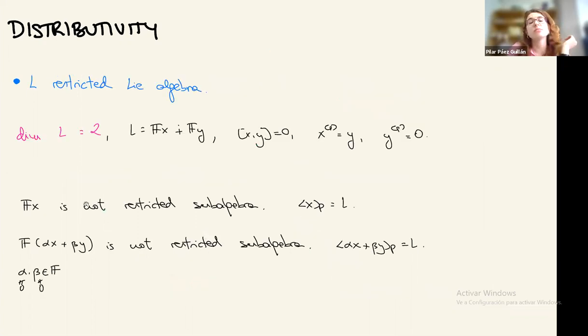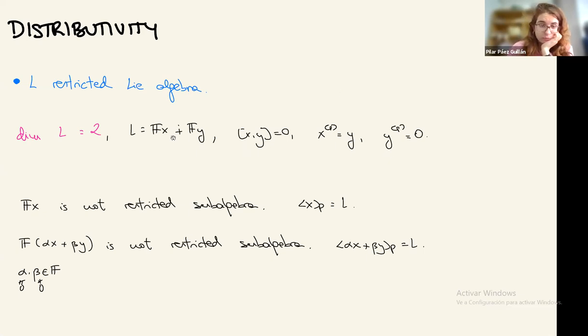Again, I pick a restricted Lie algebra of dimension 2, basis x and y. I'm going to have it abelian, and I'm going to consider that x to the p is y and y to the p is 0. This can be checked easily to be indeed a restricted Lie algebra. I mean, the p-map behaves well with the rest of the structure.